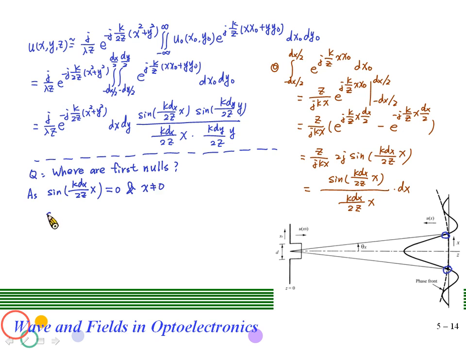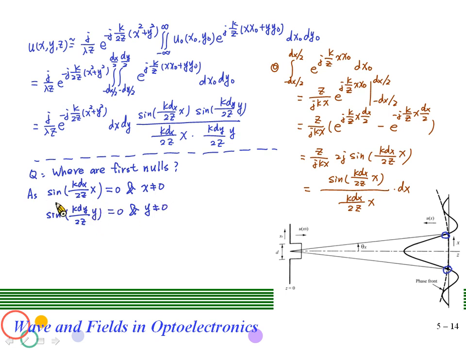Similarly, if the sinc function is 0 and y is not 0, we will obtain the nulls along the y direction, right? So what will be the x value or the y value for these two conditions?